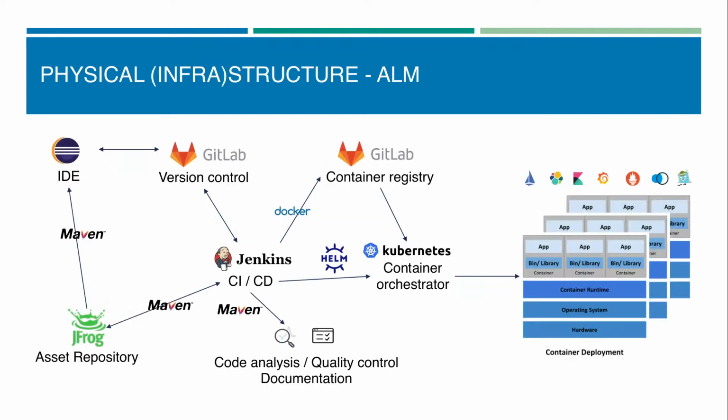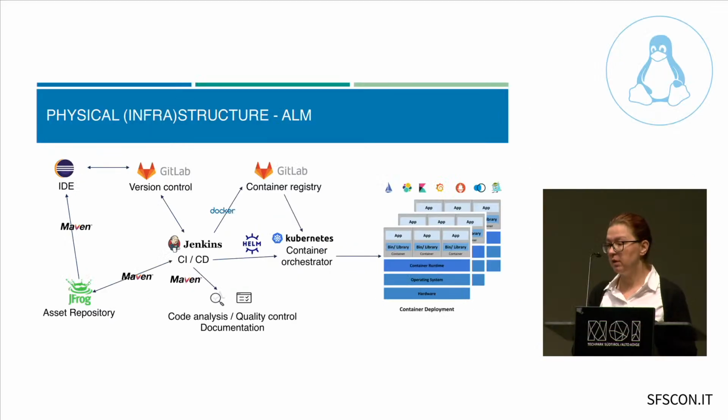This is our application lifecycle management. As I said, we have GitLab as version control and container registry. Jenkins manages all the continuous integration and continuous deployment, continuous development. Jenkins launches Maven custom builds.